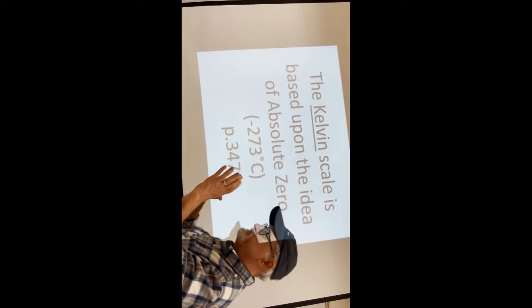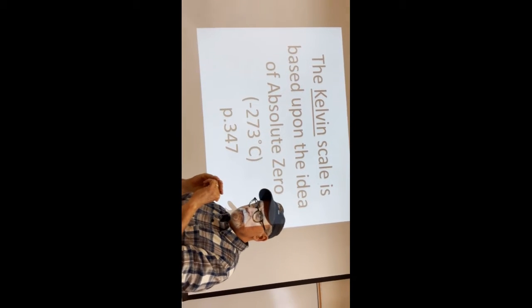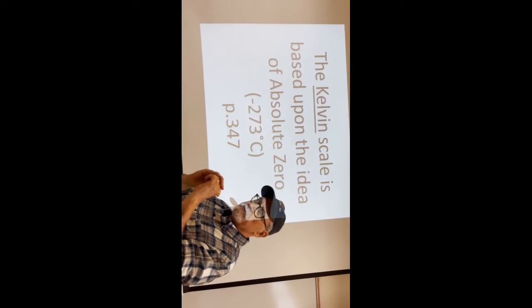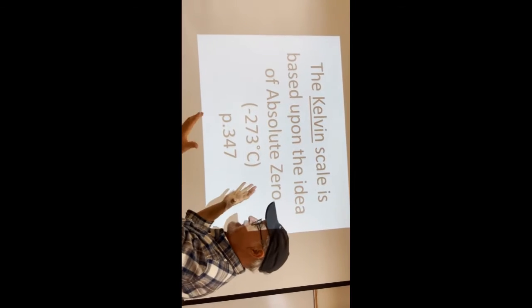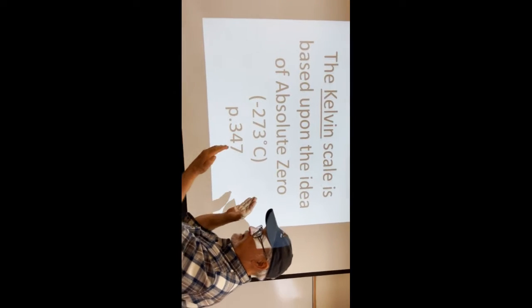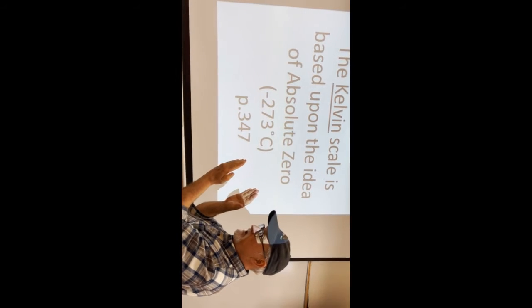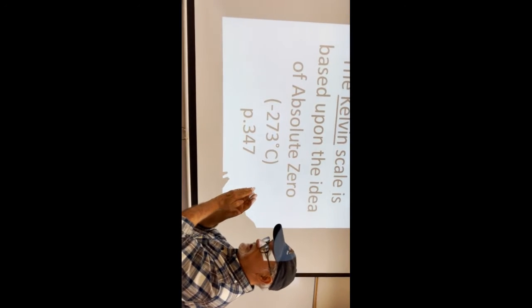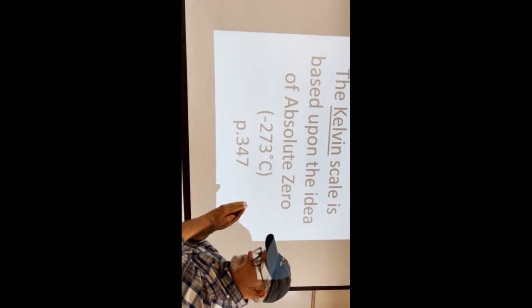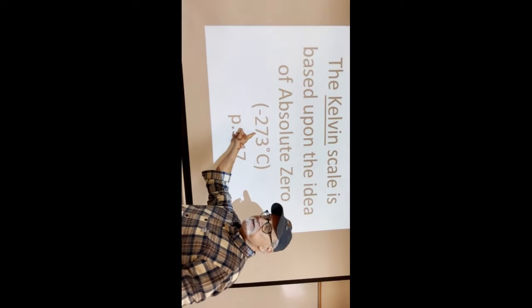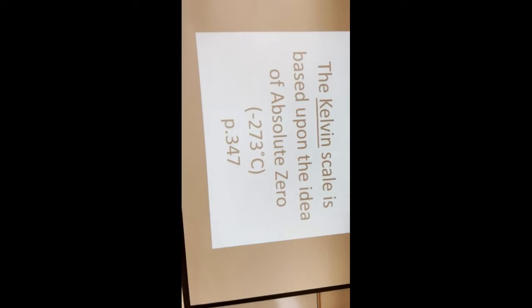Could you ever get to zero volume? If you have a certain amount of matter, and you lower its temperature so its volume decreases and decreases, could it ever go to zero volume? No. Therefore, you could never get to absolute zero temperature.